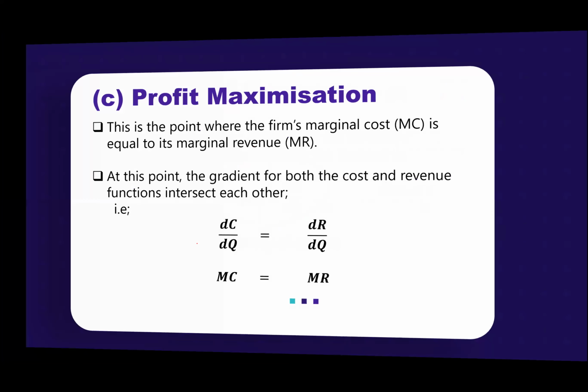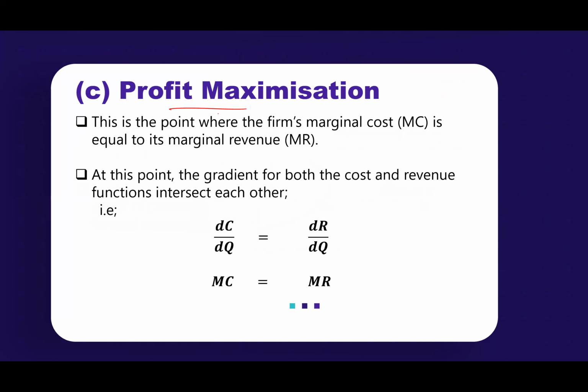From economic theory, it is true that profits are maximized at that point where marginal cost is equal to marginal revenue. So it will require us to do the dC/dQ for marginal cost, the dR/dQ for marginal revenue, to be able to advise management the point at which they're likely to maximize profit.